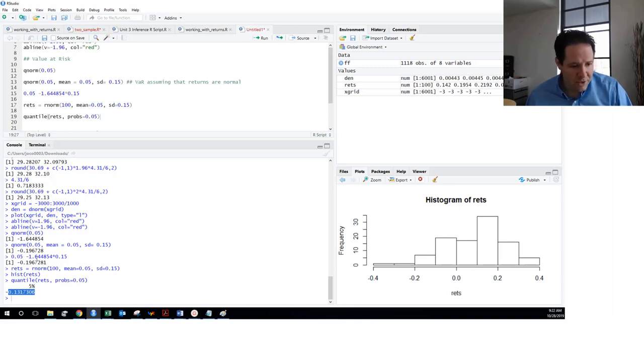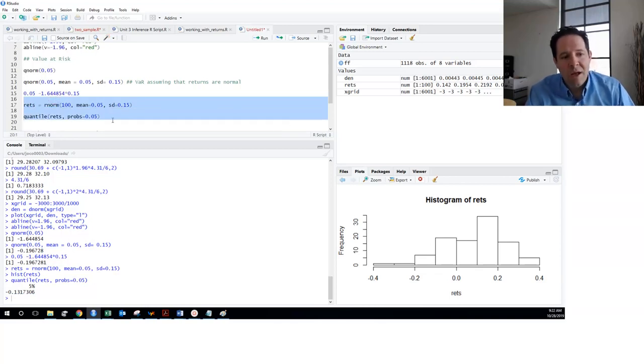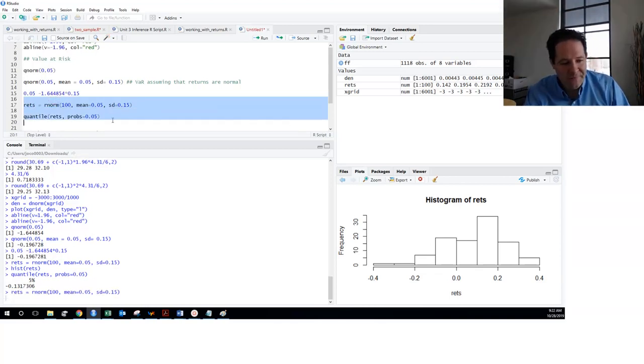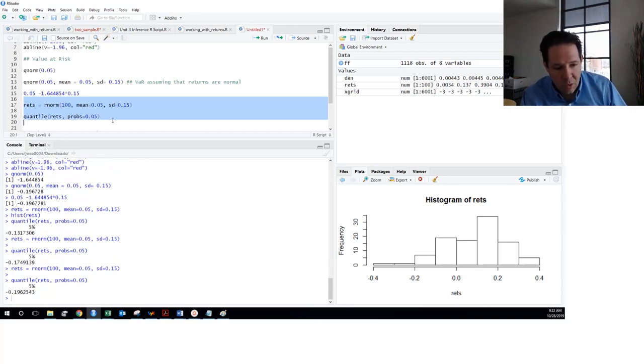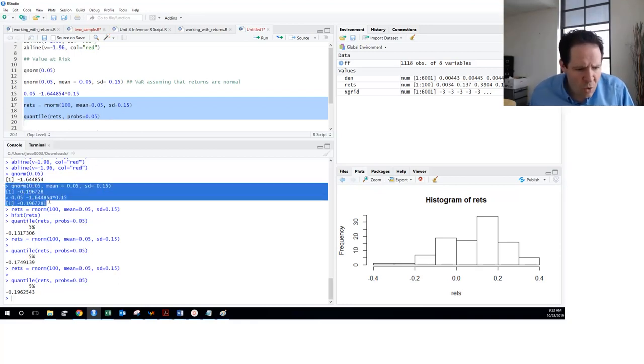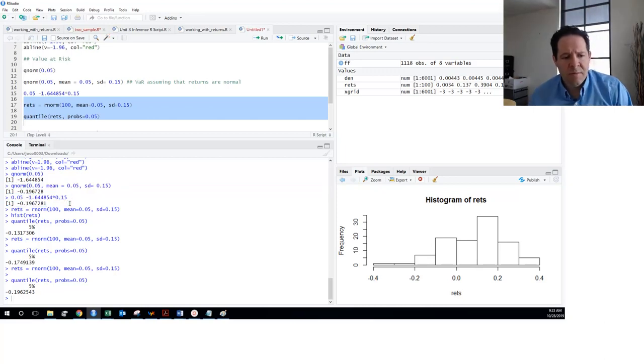And that's actually pretty close to the brute force approach that we had done before. We could run this code again, and we see we get something that's minus 17%, or in practice minus 19%. You can see that these are getting pretty close to what the calculation was in reality, assuming we had a normal distribution and just using the mean and the standard deviation.